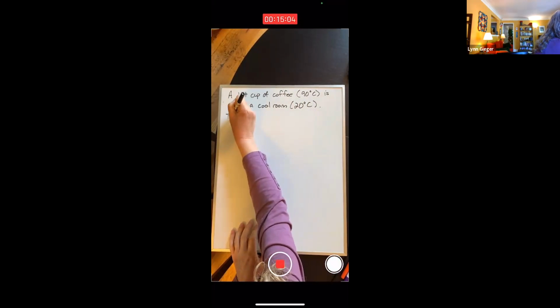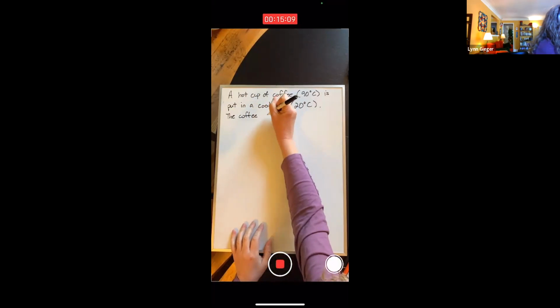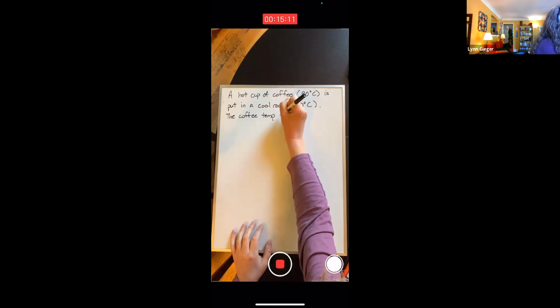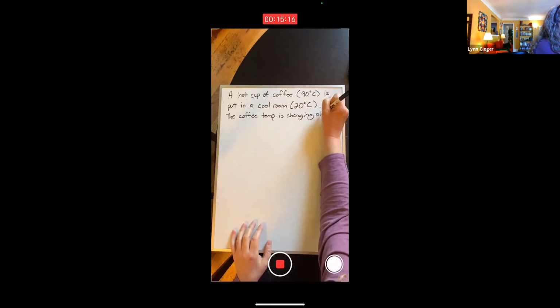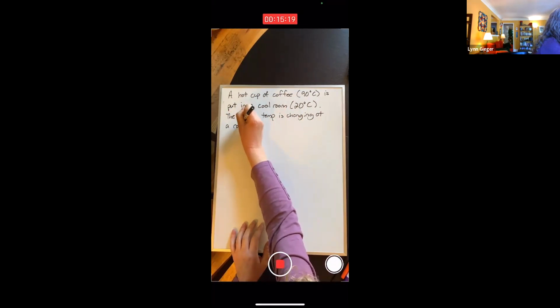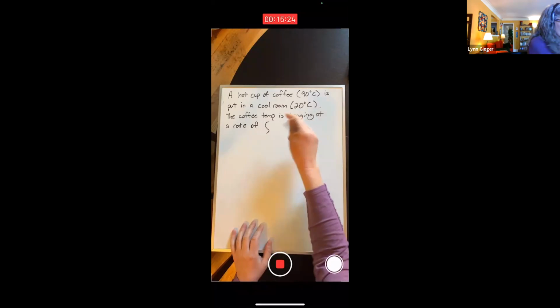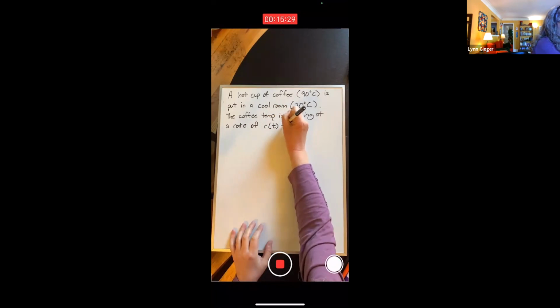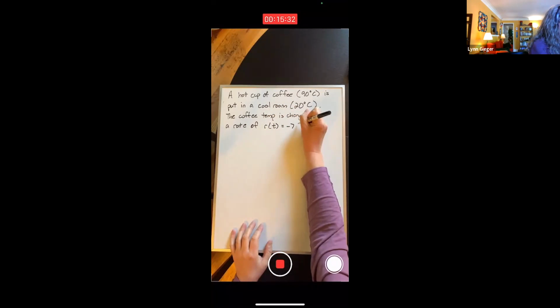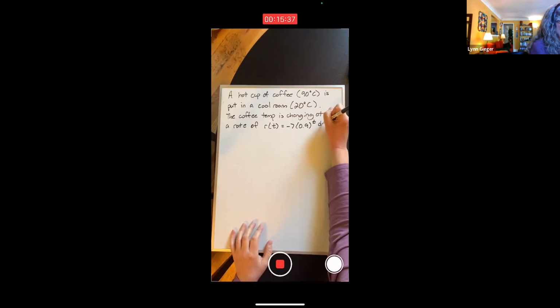And the coffee's temperature is changing at a rate of, oh, no, sorry. R of t is equal to -7 times 0.9 to the t power degrees per minute.